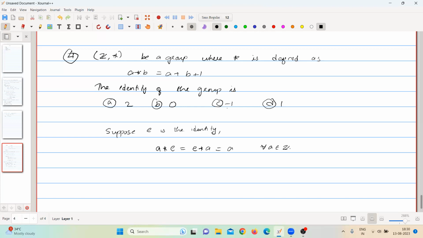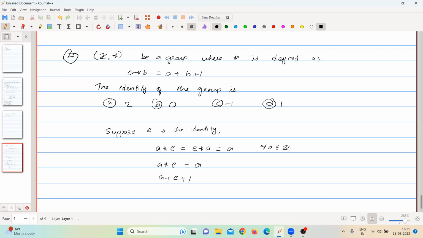Clear? So I'm taking the first equation, that is A star E equal to A. What is A star E? A plus E plus 1. Clear? Because star is defined as A star B equal to A plus B plus 1. Instead of B, we have identity E here.